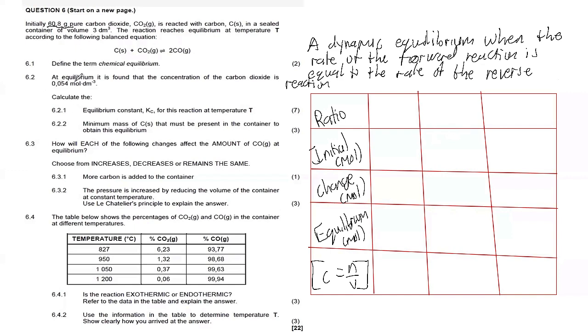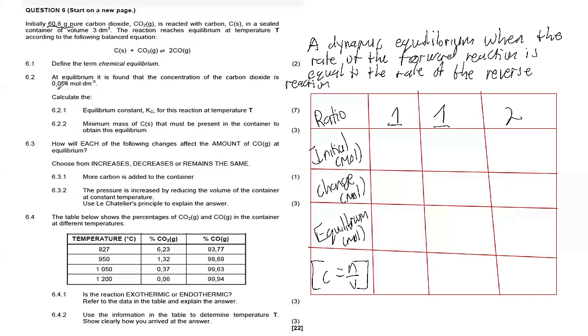Then here we are told at equilibrium, it is found that the concentration of the carbon dioxide is 0.054 mole per dm cube. Then 6.2.1 says calculate the equilibrium constant Kc for this reaction at temperature T. So in order to calculate this, we have our chemical equation there, and we drop down the coefficients as our ratios: 1, 1, and then 2.